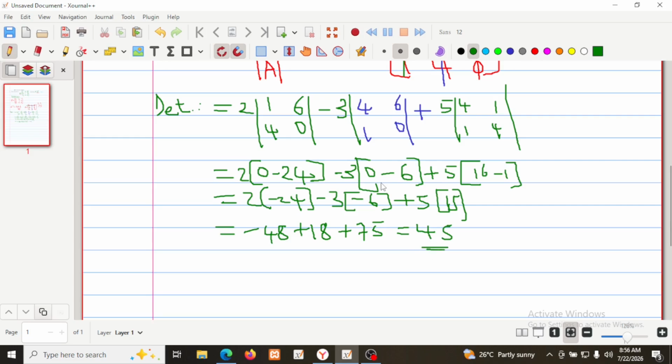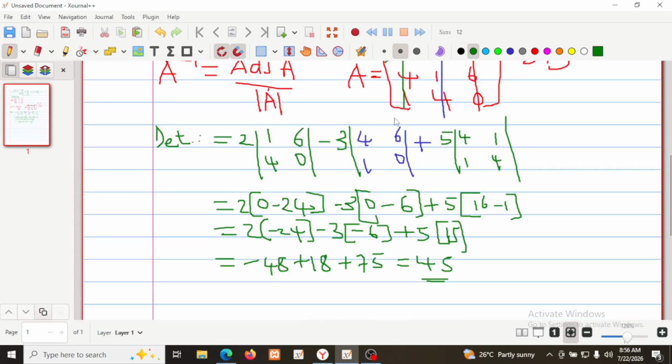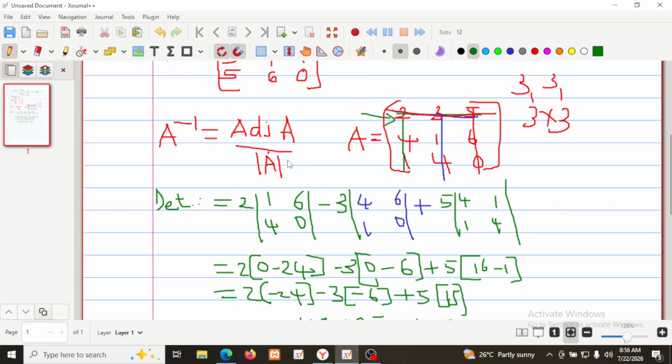So that is our determinant. You can select any row. So we have found the determinant. This part is done. So we have to find the adjoint of the matrix.